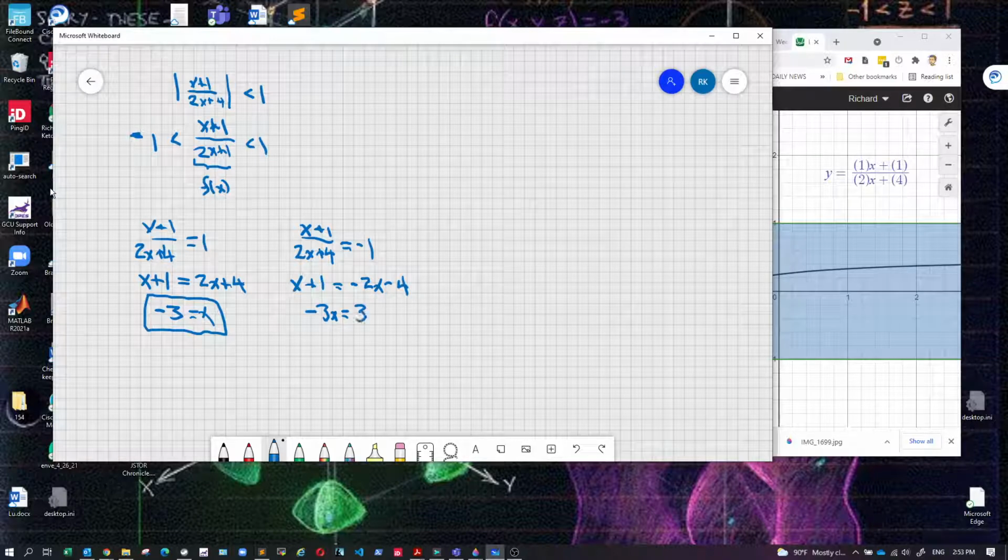So x equals 1 is what I get there. Let's see, am I doing something silly? Minus 3x equals 3, x equals 1. I feel like we didn't have x equals 1 before.